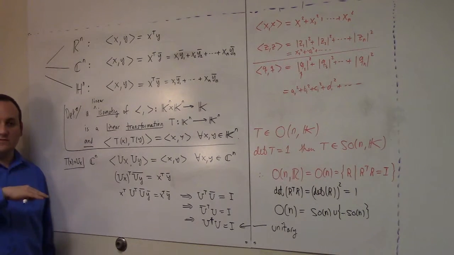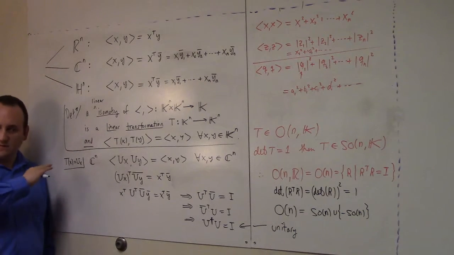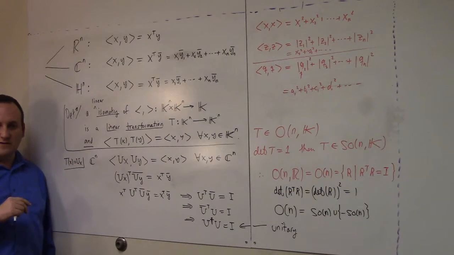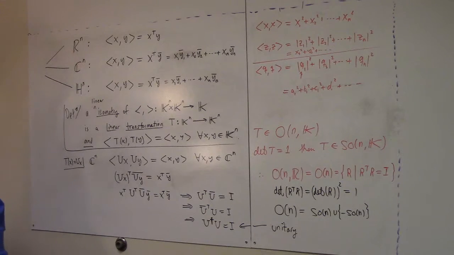Those three families of matrix groups, the real orthogonal and special orthogonal matrices, the unitary complex matrices, and the symplectic matrices built over the quaternions, are the main players in the study of matrix groups and their algebras. Most everything we're interested in can be built from these three families. It's so interesting that all three arise as simple linear isometries of these inner products. To me, it's very beautiful.